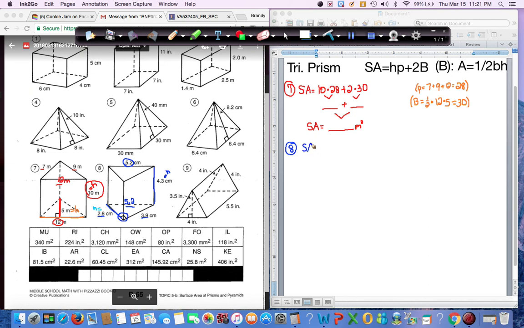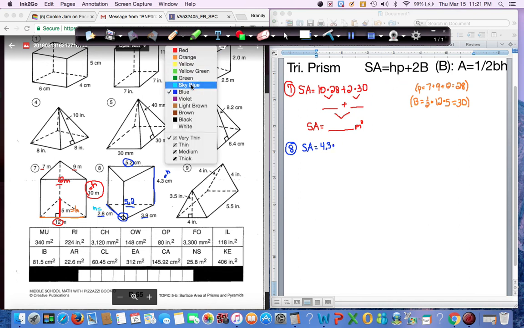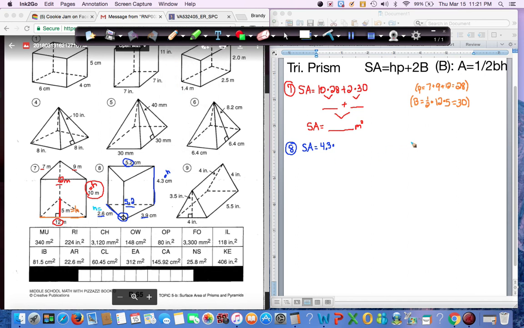Our surface area equals the height, 4.3, times the perimeter. So we're going to have to add up the three sides of the triangle.